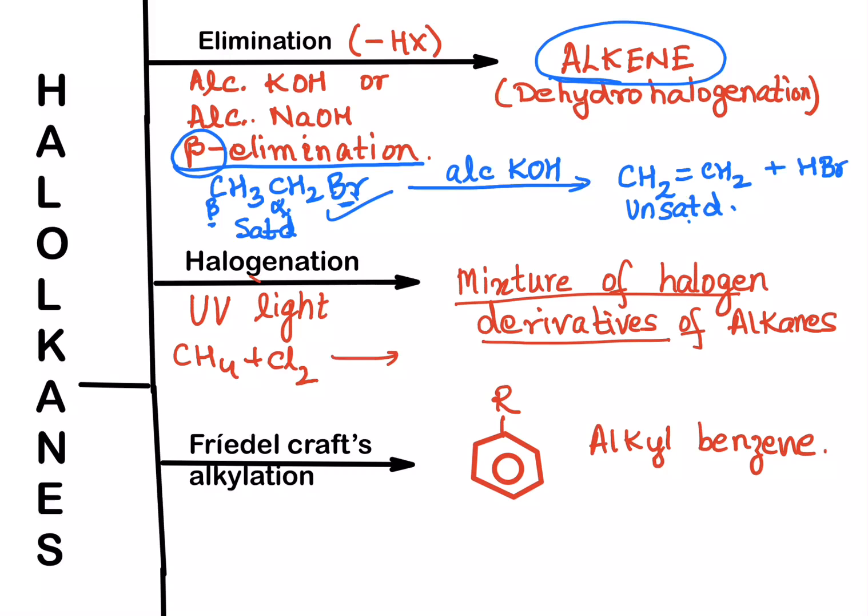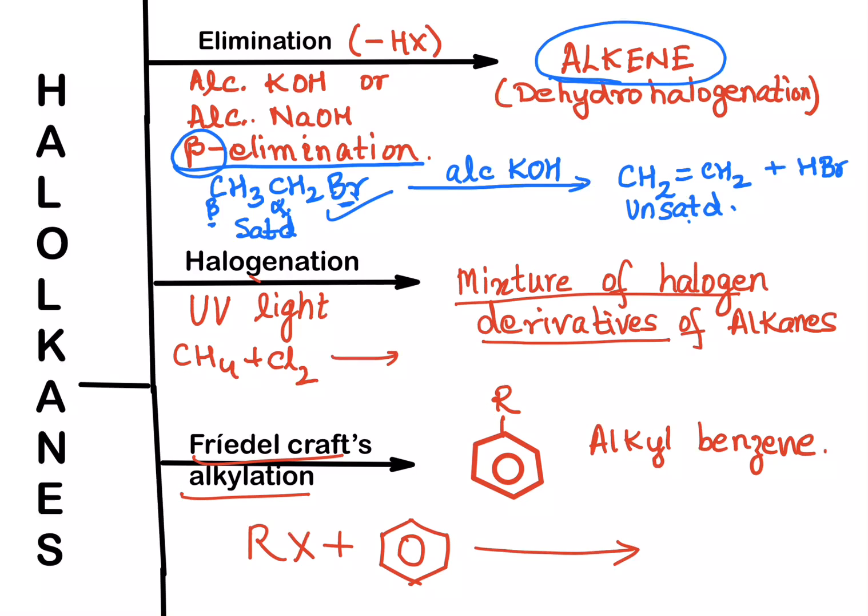Next we've got the Friedel-Crafts alkylation. What is Friedel-Crafts alkylation? You've got an alkyl halide, you react it with benzene. Of course, there are variations, there are other conditions, there are other compounds also which undergo this reaction.